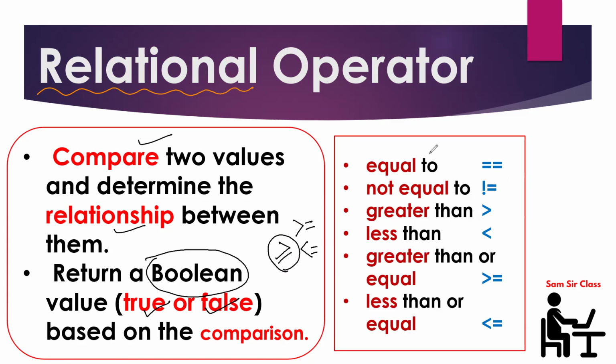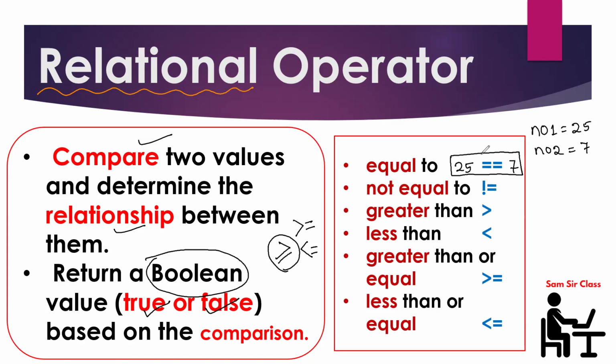Okay, so if we try to understand how these operators work, let us take one example. Suppose number 1 is 25 and number 2 is 7. If I apply the equal to operation, you are asking the question 25 equal 7, meaning whether both the values are equal or not.